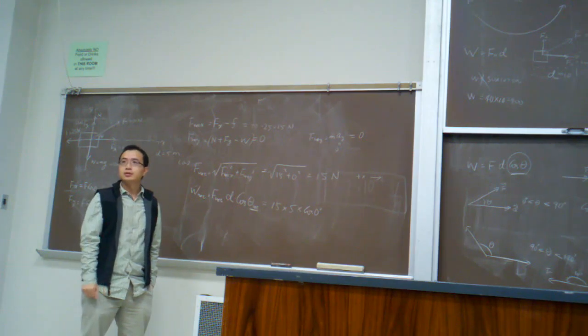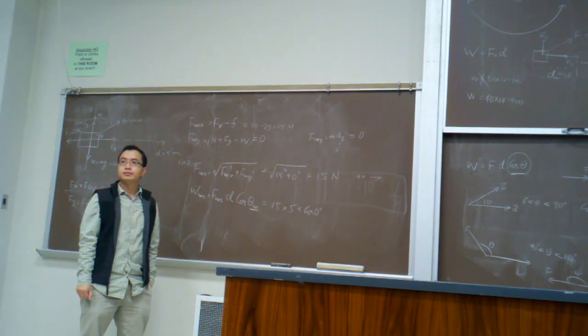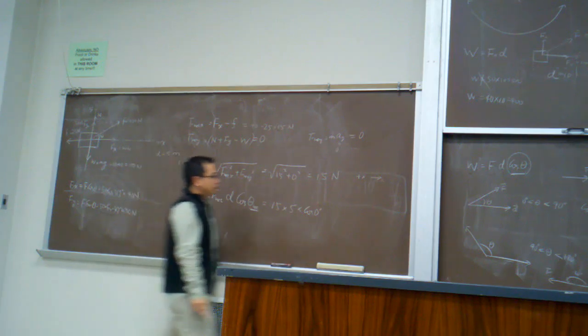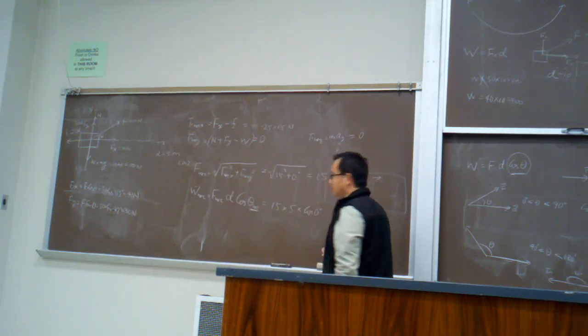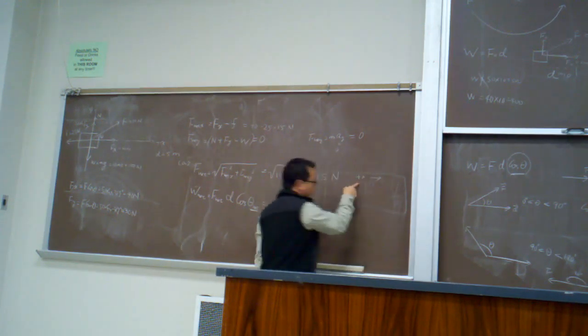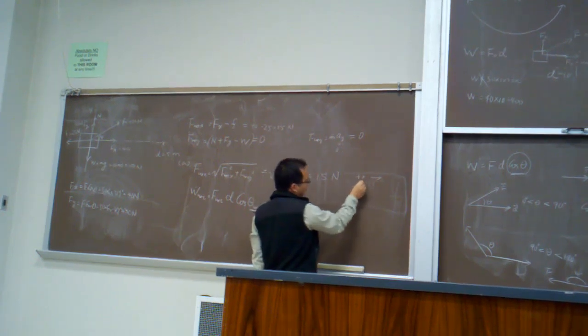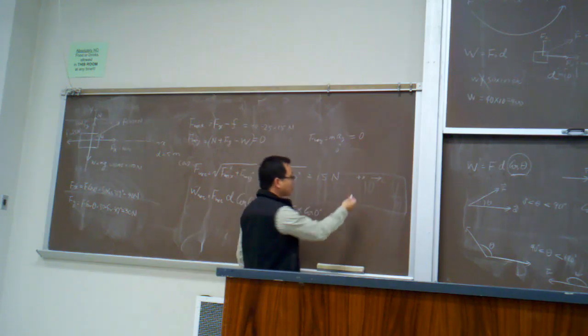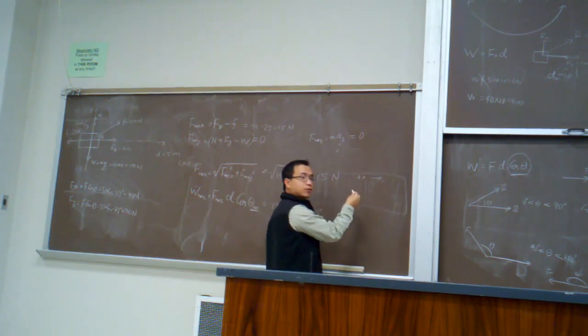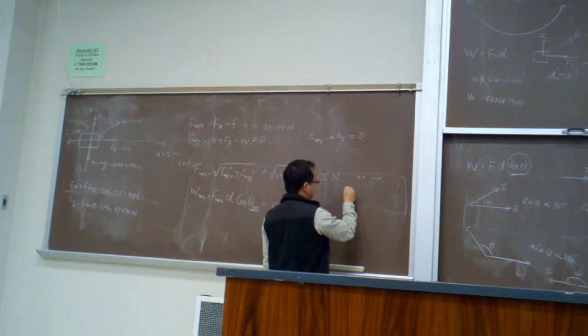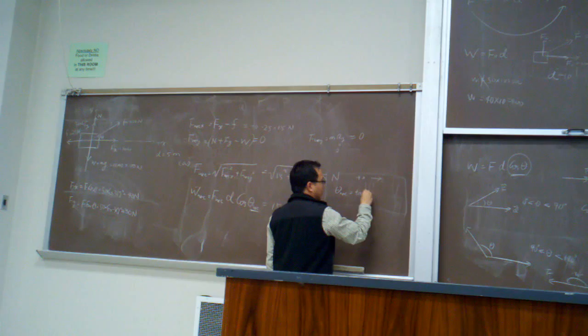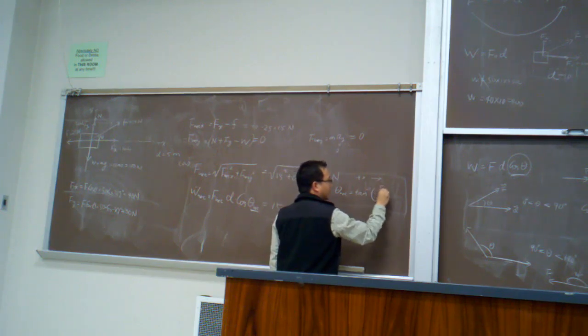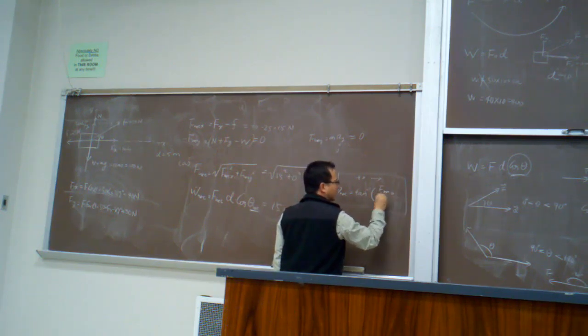Question: can you use the inverse tangent to find the direction? If you want to use the inverse tangent, you have to do it here. Here I directly say it's 0 because from this analysis you know. If you want to use rigorous mathematical analysis, then theta net equals inverse tangent of F net y over F net x.